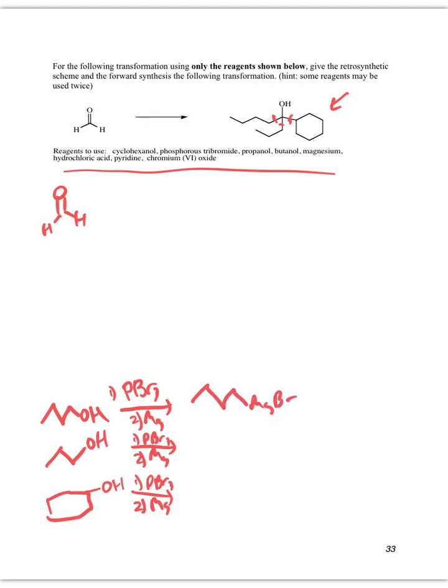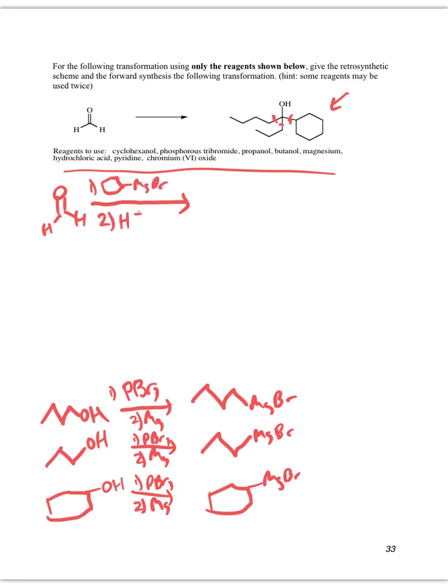To make the Grignard reagent. And then once we've made the Grignard reagent, we can add a Grignard to formaldehyde. Doesn't matter which one. We can start with the cyclohexyl magnesium bromide. After we do a Grignard, we need to add acid.